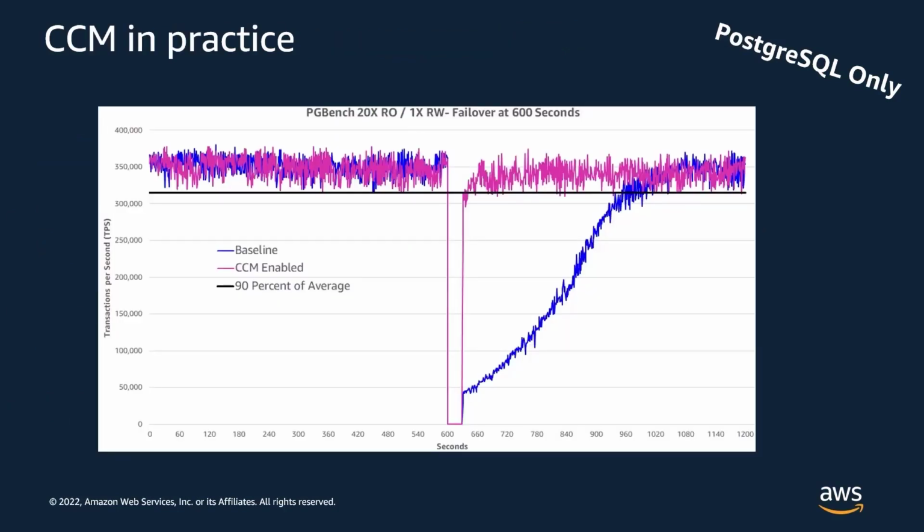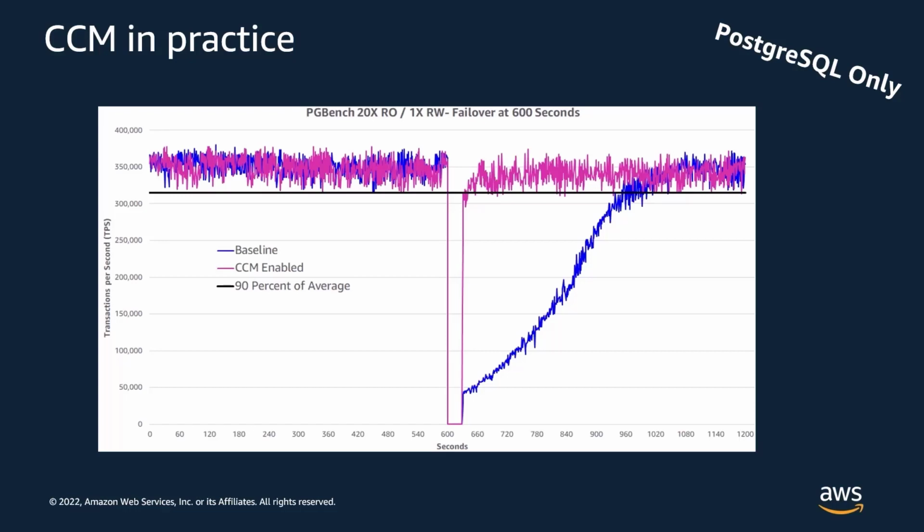Here's a practical example of cluster cache management in action. In this example, we ran a pgbench that was read-heavy, about a 20:1 read-to-write ratio. We had a 160 gig cache, so that's a fairly large database. At 600 seconds, we caused a failover. It took about 32 seconds for the database to recover, considering DNS propagation and all.